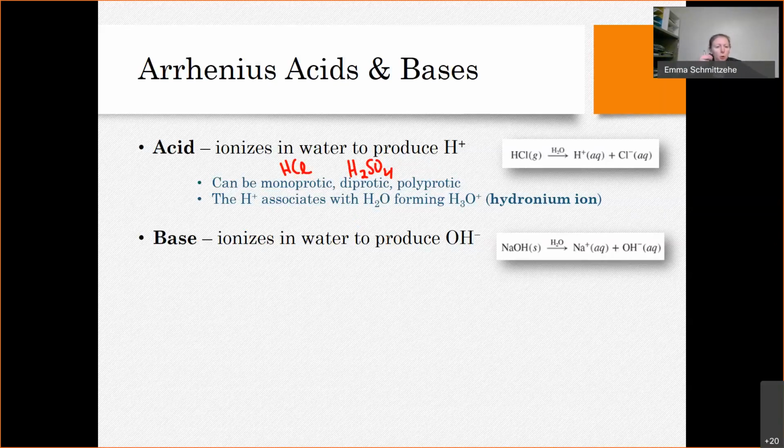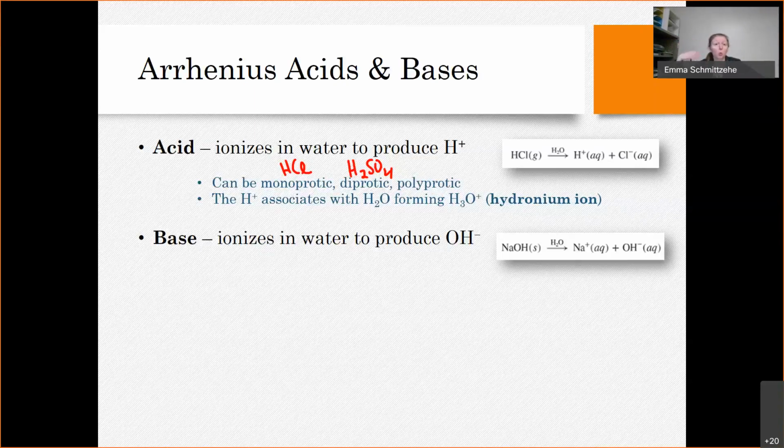And when I use that term proton, I'm talking about H plus. That's interchangeable. We can call it hydrogen ion, or we can call it a proton, because when a hydrogen atom loses its electron, forming the positive charge, all that remains really is a proton. So H2SO4 would be a type of diprotic acid, or you can have some sort of polyprotic. Polyprotic is more of a generic term.